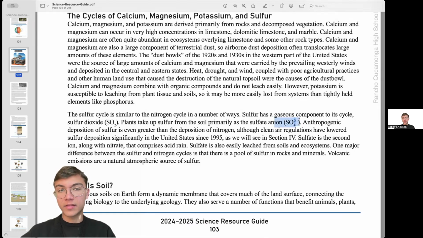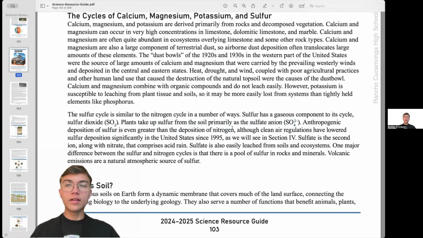And then there's anthropogenic deposition of sulfur, so that just means human deposition of sulfur is greater than the deposition of nitrogen. So that means it's being deposited into the atmosphere, I believe.